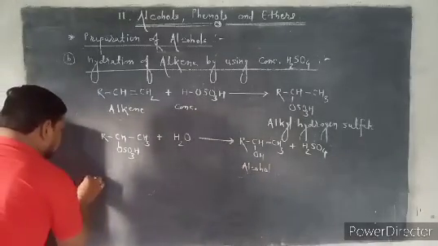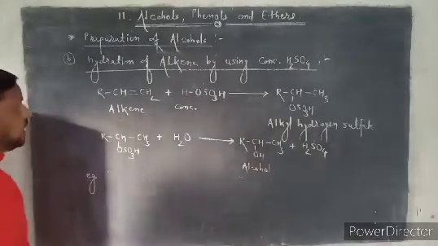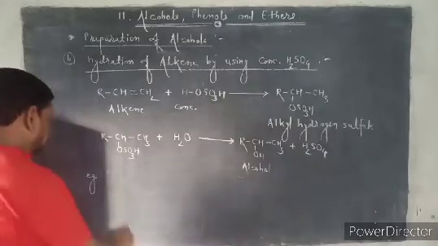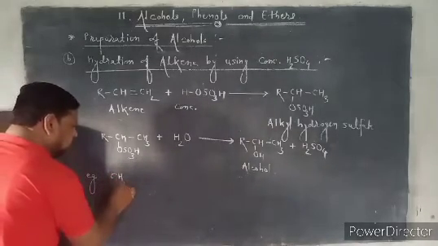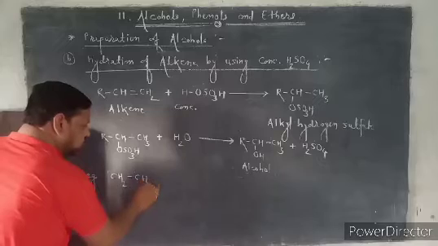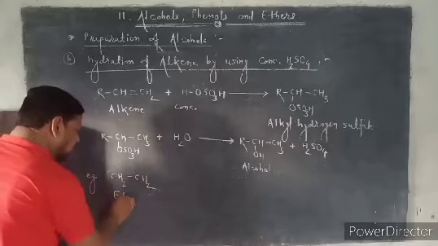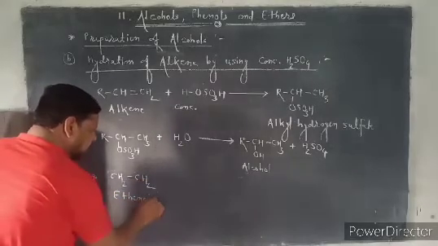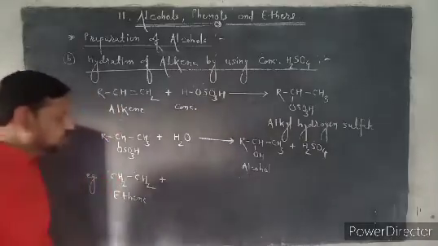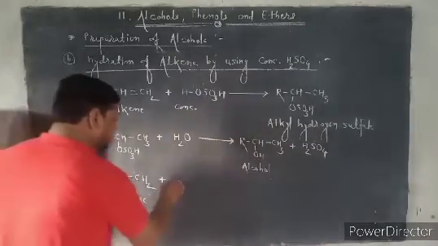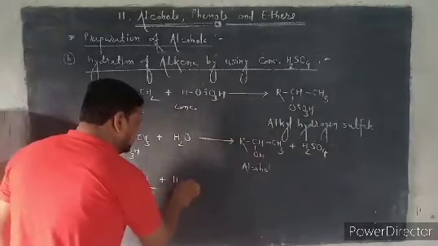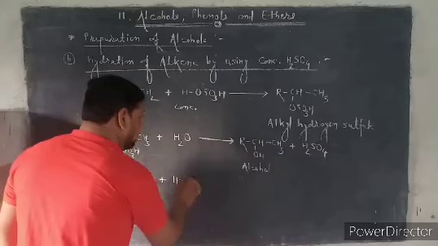See the examples of hydration of alkenes. First, CH2=CH2, that is ethene or ethylene, is treated with concentrated sulfuric acid.